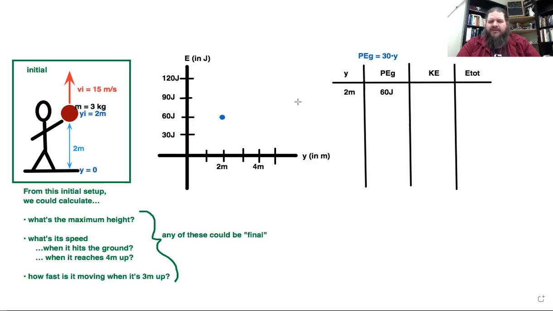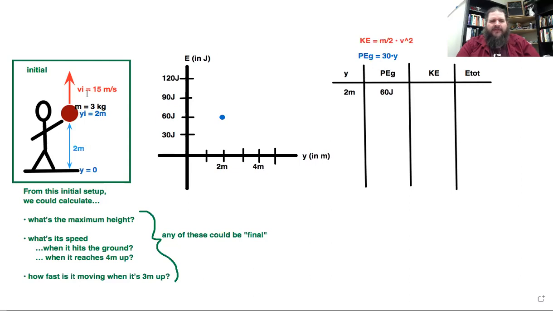Do we know the kinetic energy at that point? How could we calculate kinetic energy here? Yeah, kinetic energy equals half the mass times the velocity squared. And we know the mass, 3 kilograms.